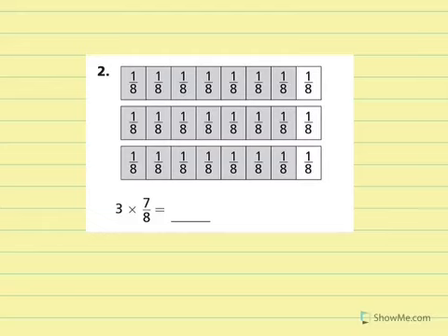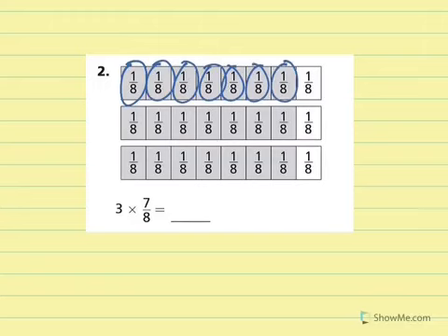Let's solve this problem. So here we have 3 fraction strips. So that's where our 3 came from. And we're multiplying 3, our whole number, by 7/8, which is our fraction. So let's see, 1, 2, 3, 4, 5, 6, 7. So each fraction strip has 7/8.